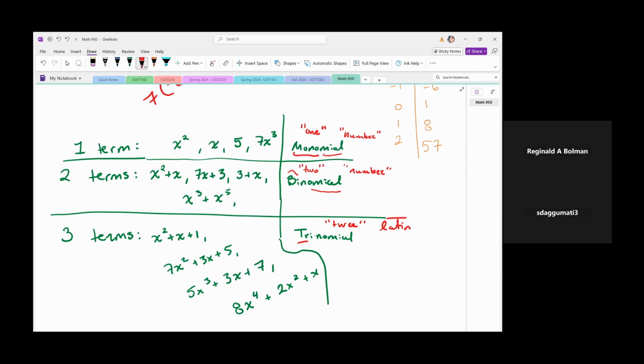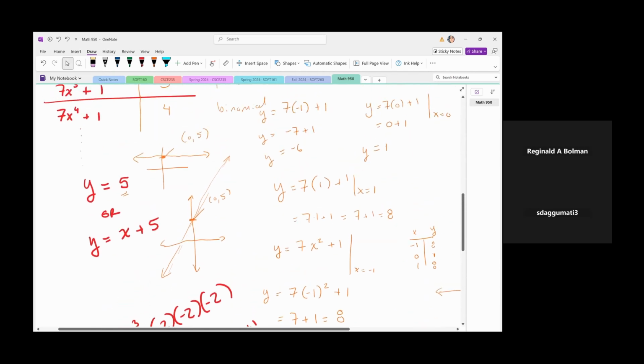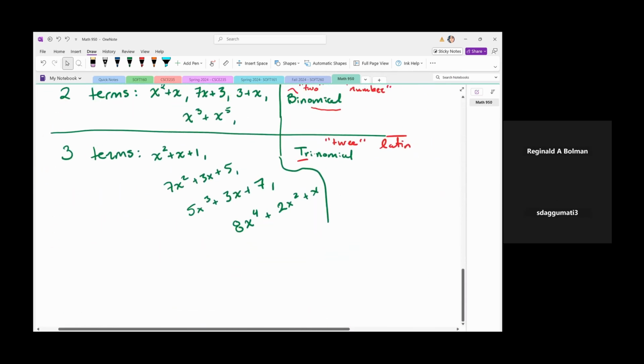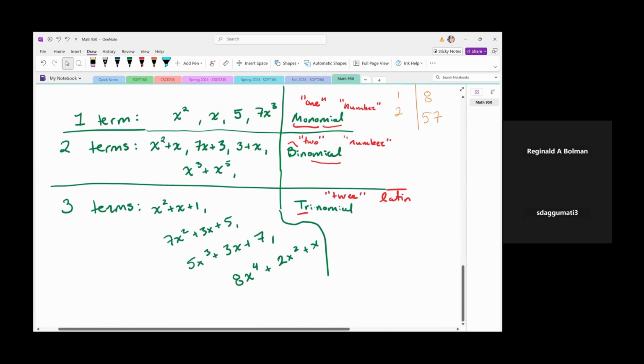At any rate, we tend to categorize all of the different formulas or equations that we encounter in lower level mathematics in terms of either their degree, i.e.